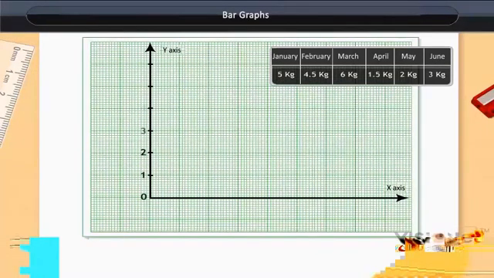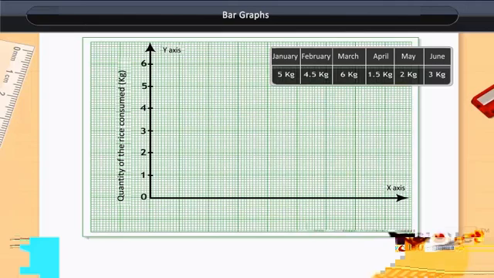Now, let us mark the quantity of rice consumed as 1 to 6 in numbers at equal intervals, that is, leaving equal distances between them on the y-axis in kgs, and similarly, let us mark the consumption time of the rice as January, February, March, April, May and June at equal intervals, leaving equal spaces between them on the x-axis as well.